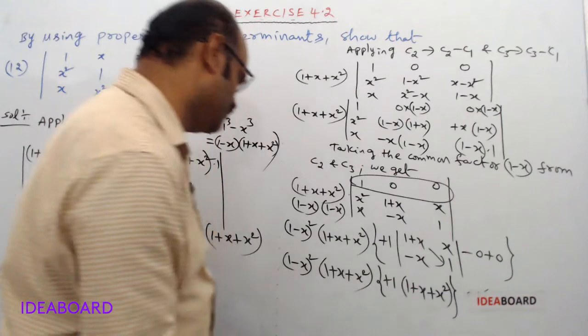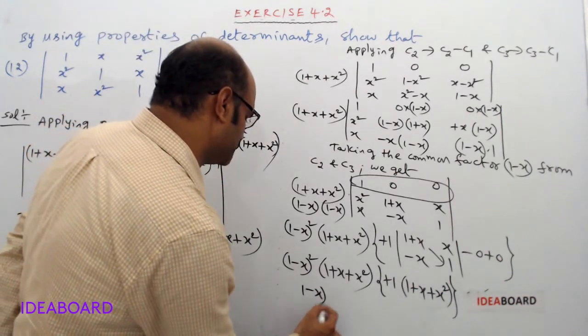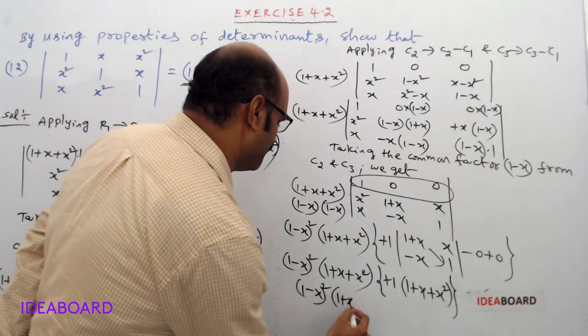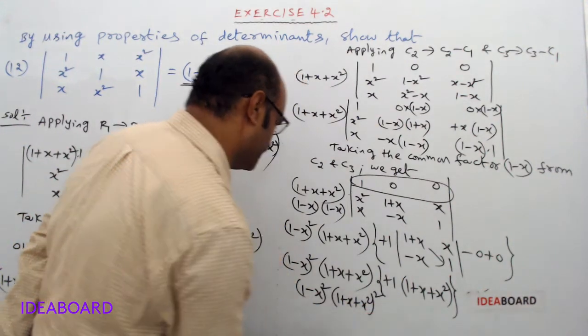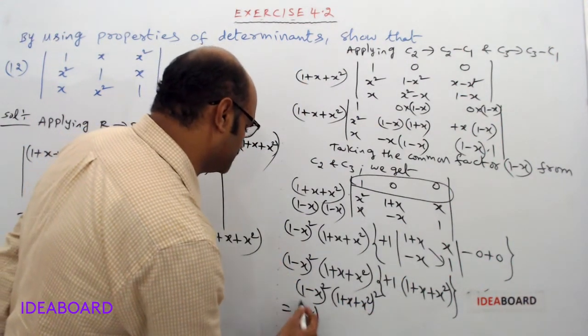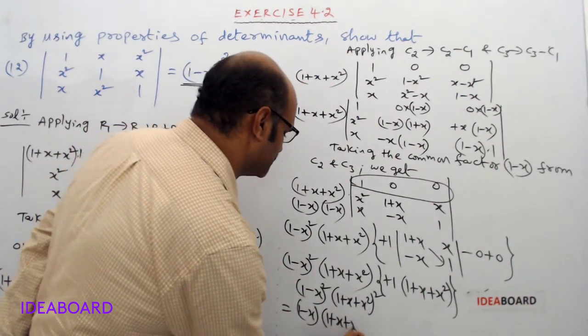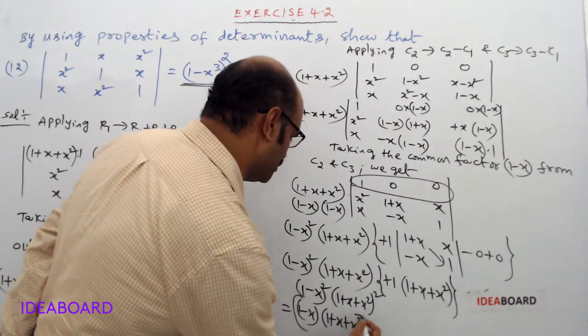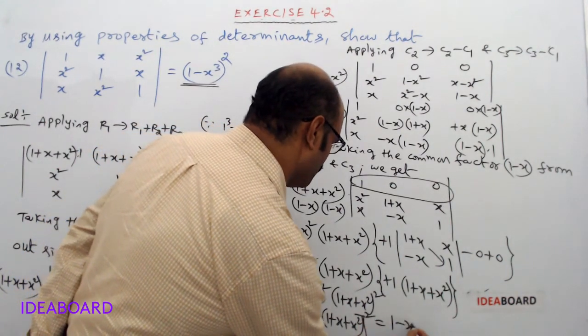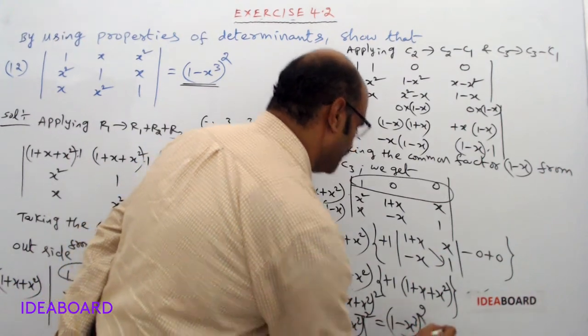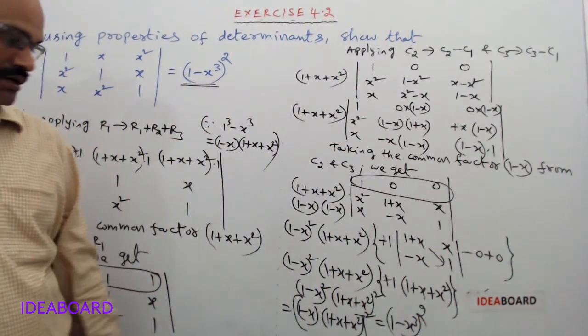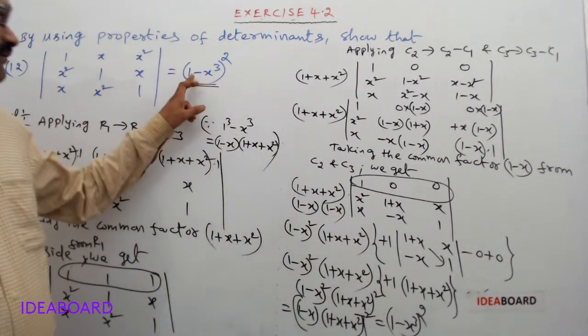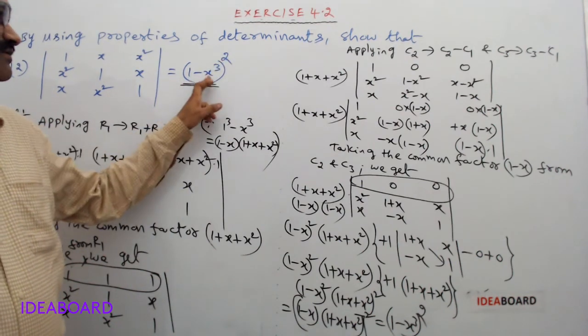So we get (1 − x)² (1 + x + x²)². So [(1 − x)(1 + x + x²)]² equals (1 − x³)². Hence proved.